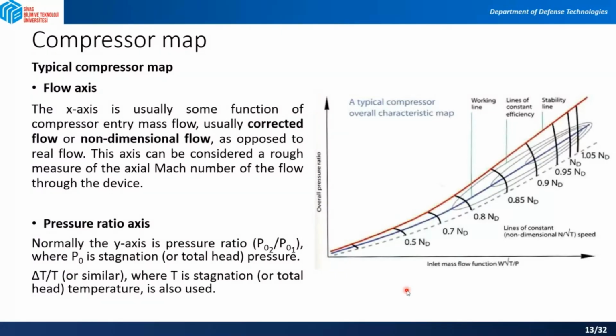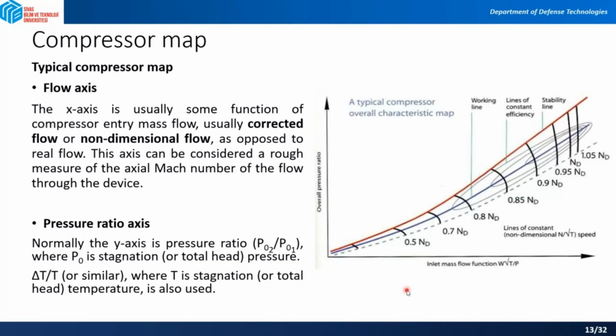We have a flow axis and a pressure ratio axis in compressor maps. In the flow axis, as you can see, the x-axis is usually some function of compressor entry mass flow, usually corrected flow or non-dimensional flow, as we said, mass flow parameter, as opposed to real flow.